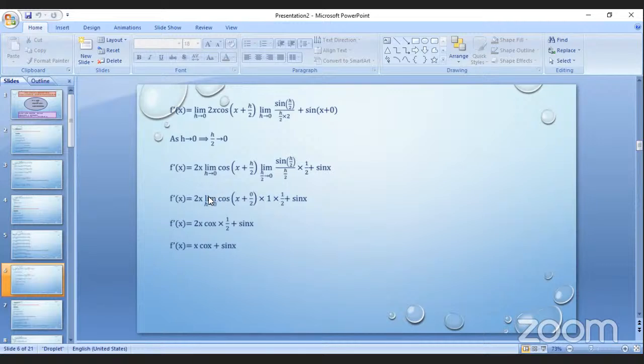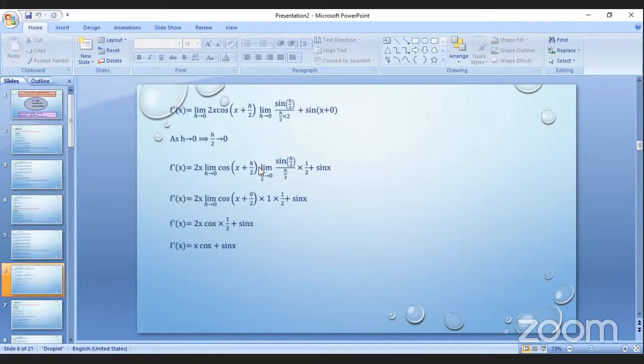Observe this: we are applying the limit here. 2x into cos(x + 0/2) into, observe this, you know that limit x tends to 0 of sin x by x equals 1. Here limit of sin(h/2) by h/2.